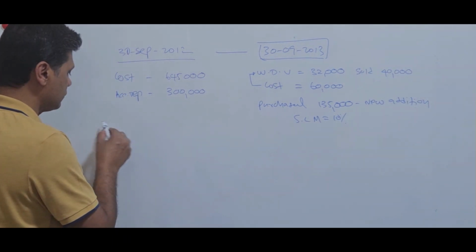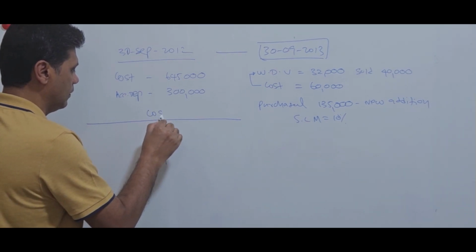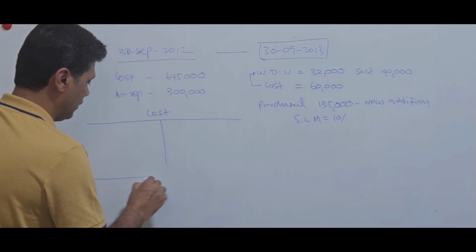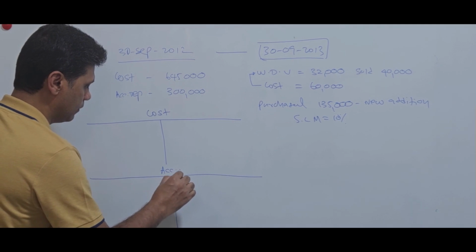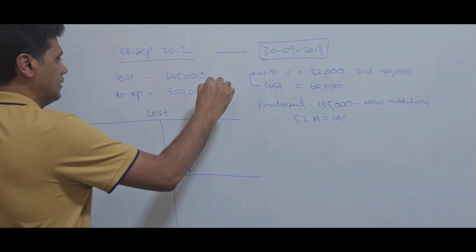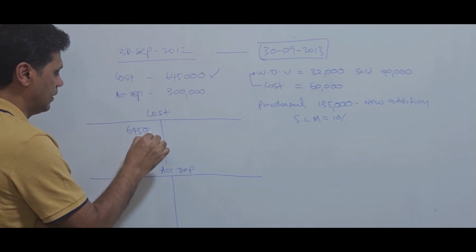Let's say this is a cost account, and this is the accumulated depreciation account. In the cost account, we had 645,000. This is the opening balance.